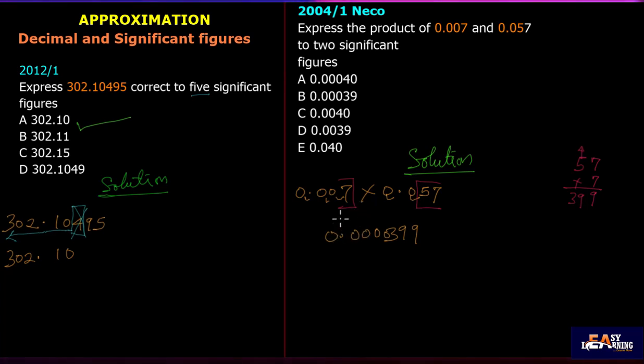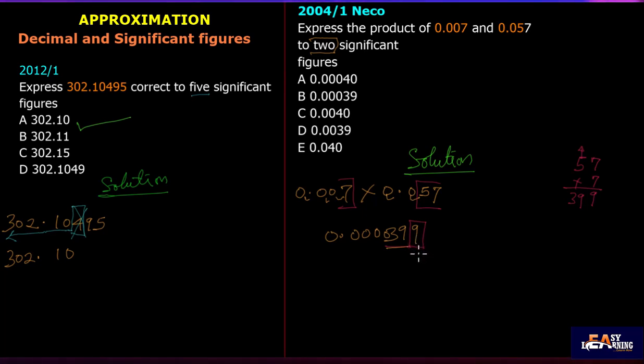The next thing is, the question asks for 2 significant figures. So for 2 significant figures, we are going to be leaving out these other digits. Considering this 39, we now look at this last 9, because the number after the significant figures we are looking for is what we are considering.